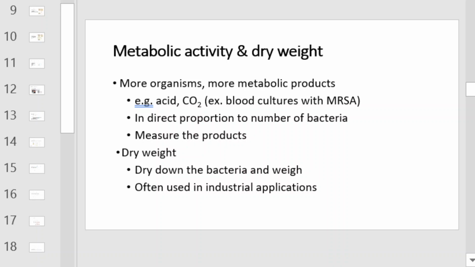So, in metabolic activity studies, we simply measure products. Dry weight. The dry weight indirect quantification tool takes bacteria and literally dries them out. We remove the water and weigh them. This is often used in industrial applications.